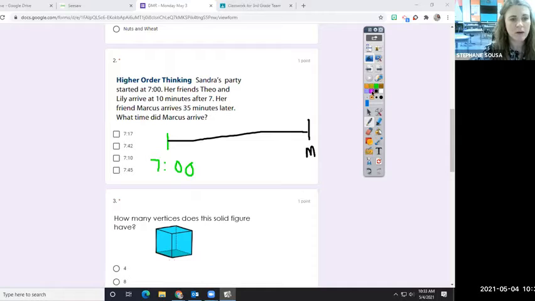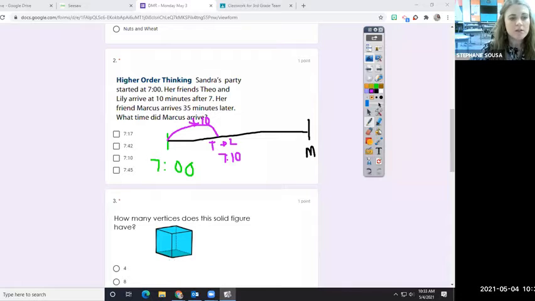Theo and Lily arrived 10 minutes later, so I'm going to add a hop of 10 minutes, and Theo and Lily got there at 7:10, because 7 plus 10 minutes is now 7:10.